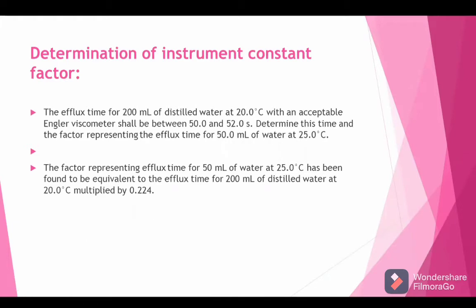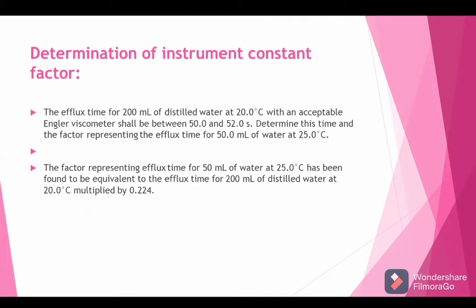Determination of the instrument constant factor: the flow time for 200 ml of distilled water at 20 degrees centigrade with an acceptable angular viscometer shall be between 50 to 52 seconds. Determine this time and the factor representing the flow time for 50 ml of liquid at 25 degrees centigrade.